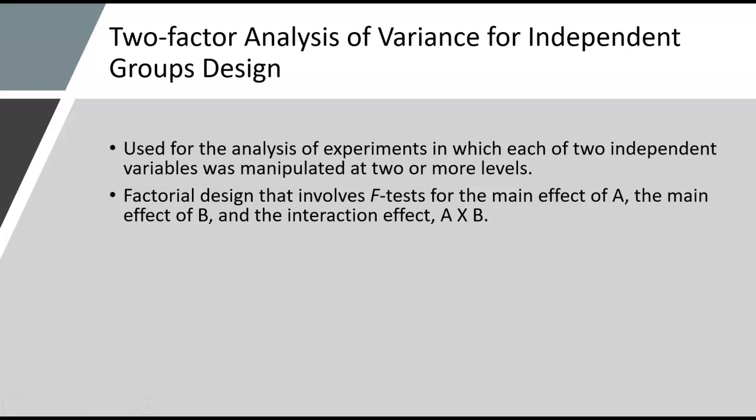That's my first independent variable, program type. The second independent variable was whether or not there were public service announcements that advocated mental health awareness. So I've got two independent variables.